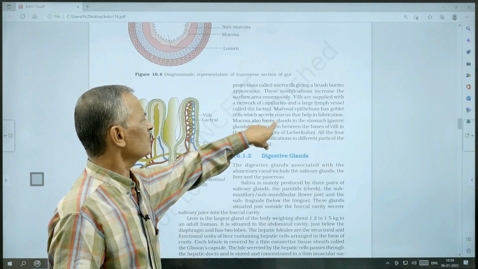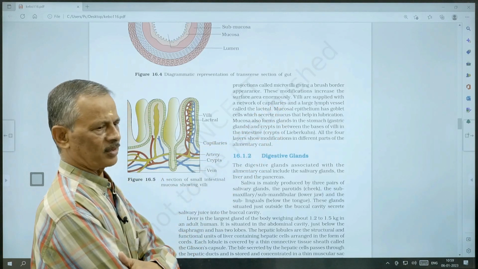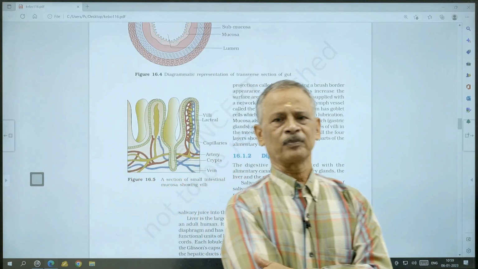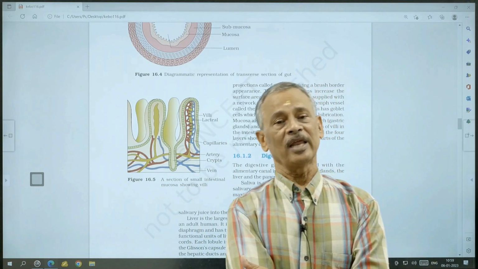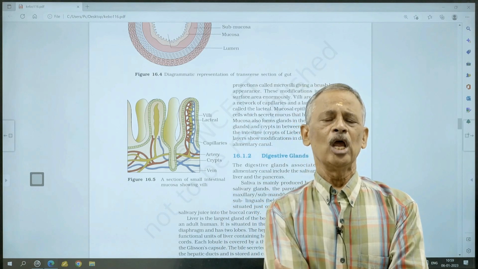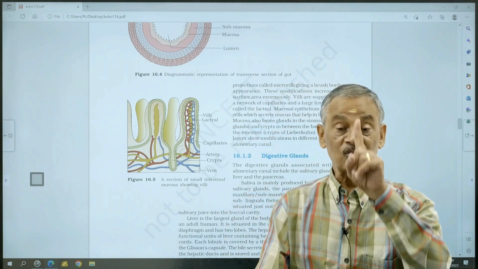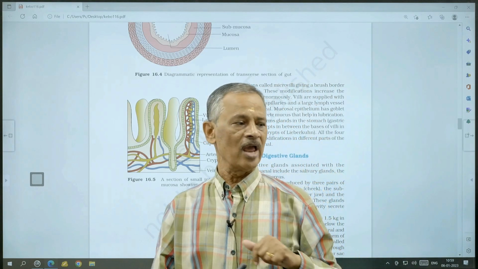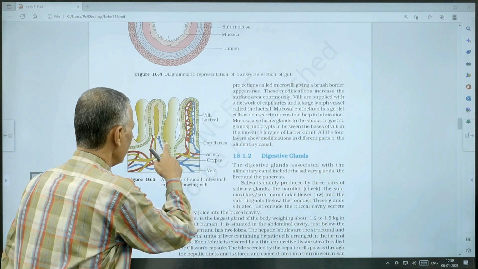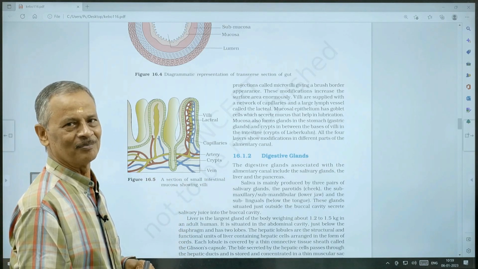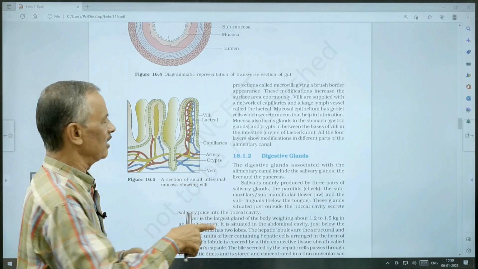Mucosa also forms glands in the stomach. It is the mucosa layer that is modified to form gastric glands. Similarly, in the small intestine, between the villi, you have small depressions, valley-like structures. Between two hills, you have a valley, just like that.